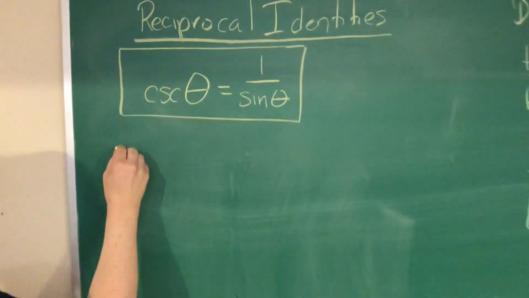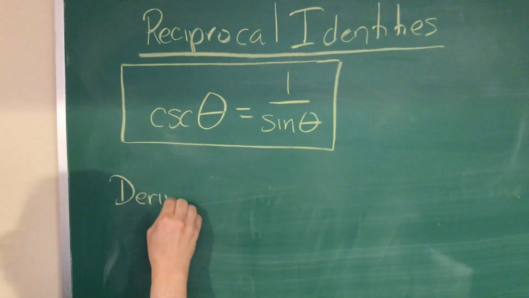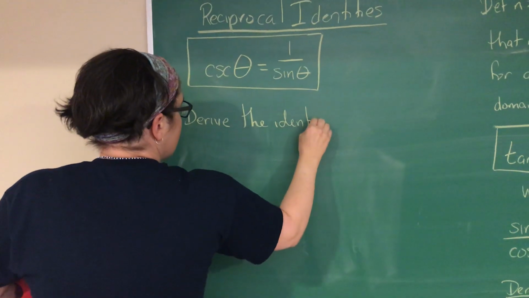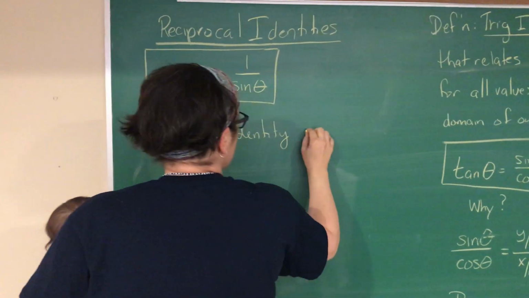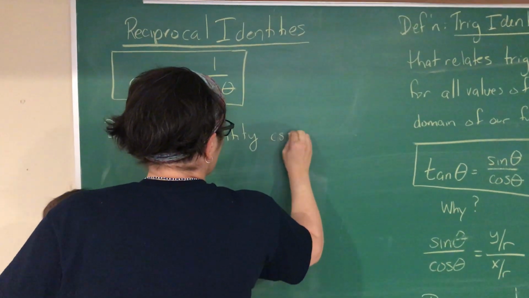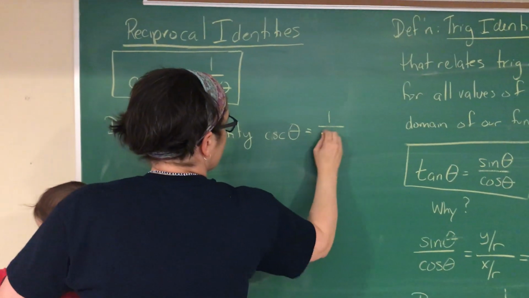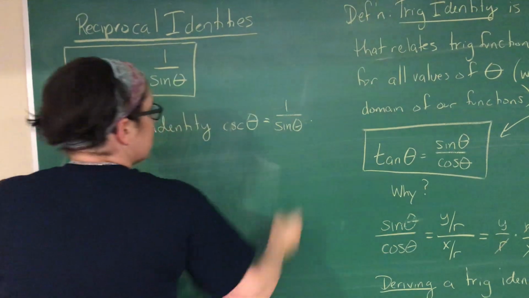Okay. And what we're going to do is we are going to derive the identity of cosecant of theta is equal to 1 over the sine of theta.